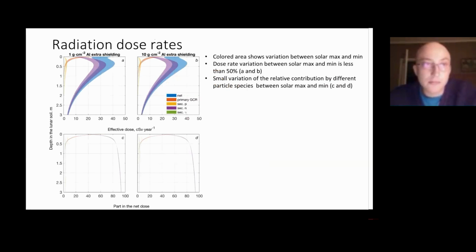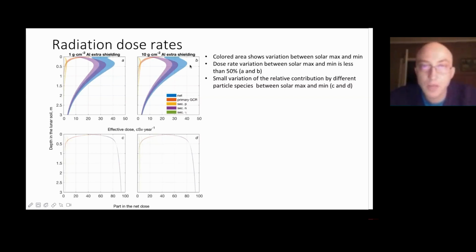The main aim of the model is to assess radiation dose rates, and in these plots you can see the dependence of the effective dose rate inside the moon as a function of depth beneath the surface.